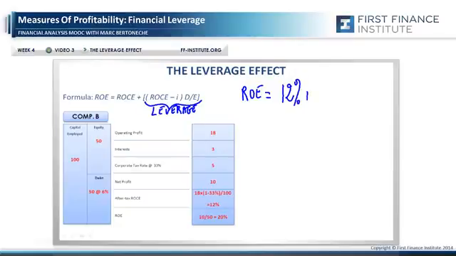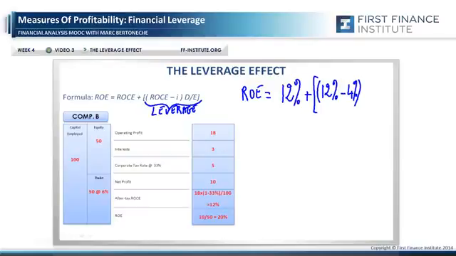Plus, anytime company B invests $1, this dollar is returning 12%. This dollar costs the company, in fact, 4%. Some of you are surprised at this figure. I'll come back to that.